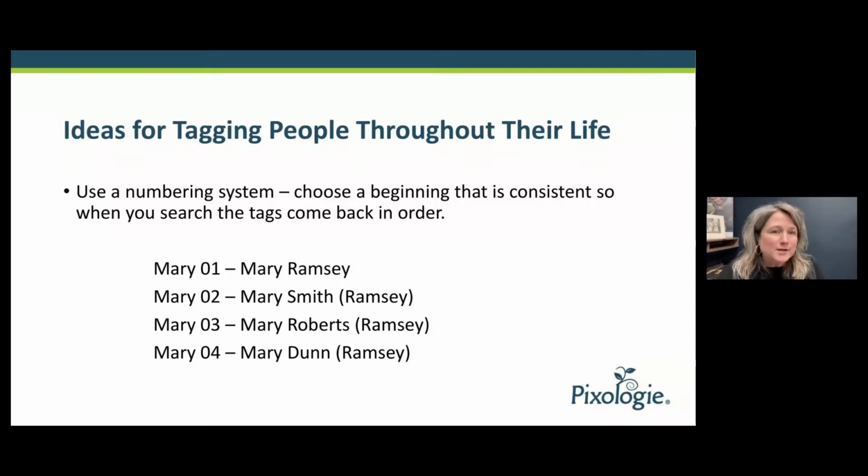Putting Mary and 01 in front of it helps keep those in the order they happened. You could put 01, 02, 03, and 04, but that would be problematic if you had other tags that began with 01 or 02 or 03. So putting Mary in the beginning keeps that batch of tags together.